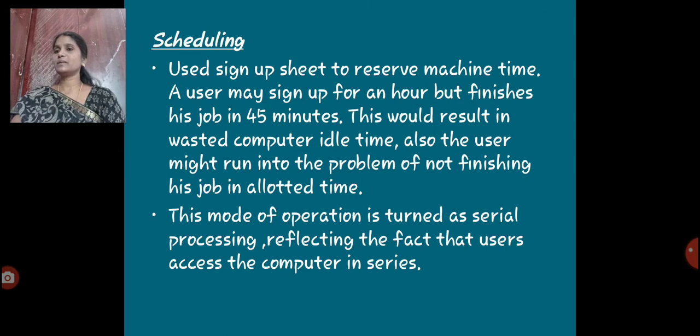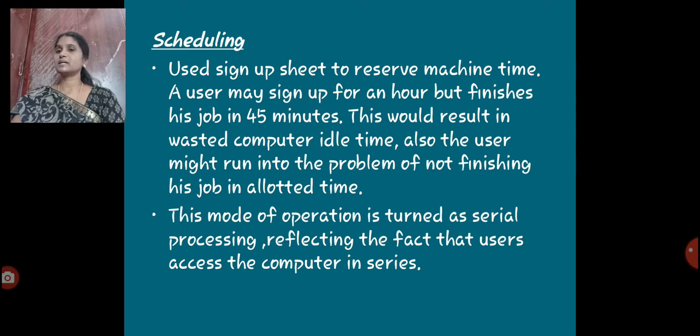There is a problem in this. For example, if the user got 1 hour of machine time, and the job got done within 45 minutes, the remaining 15 minutes will be a waste, or the computer will be idle.